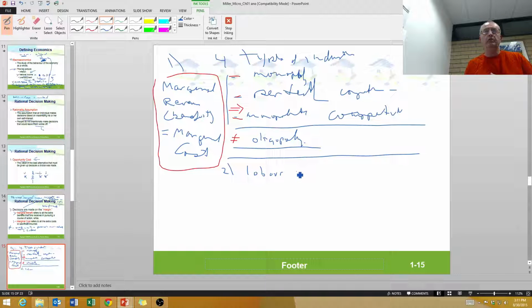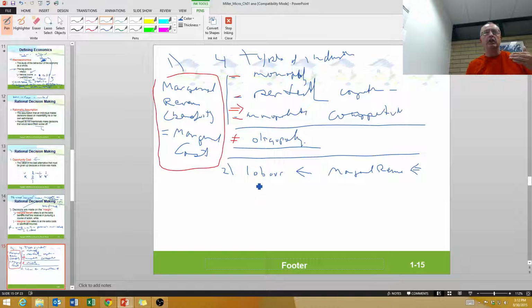So the optimal level of labor, of workers that a company should employ, is at the point where the marginal revenue from producing one more unit of production. So when a company hires one more employee, that extra employee produces extra output. And so there's a certain level of output associated with that extra hiring, and there's a certain level of revenue associated with that extra level of output.